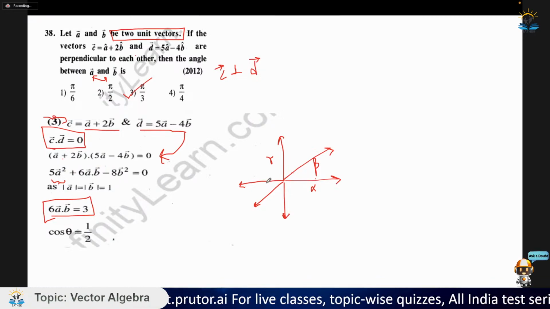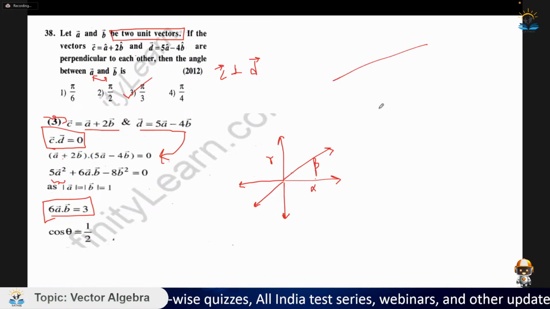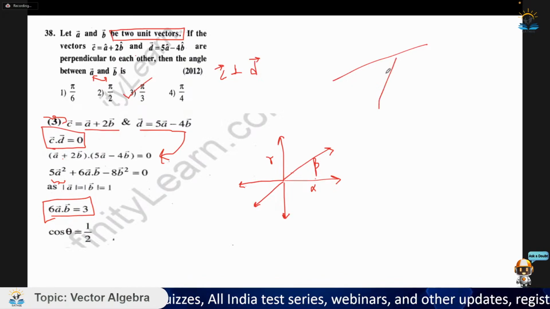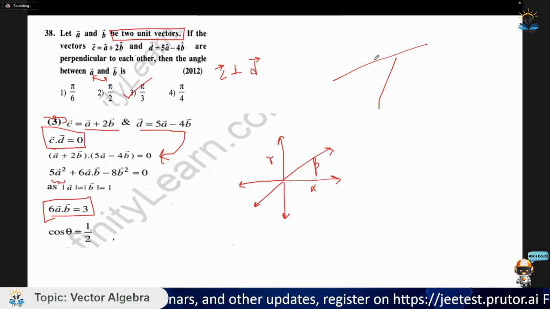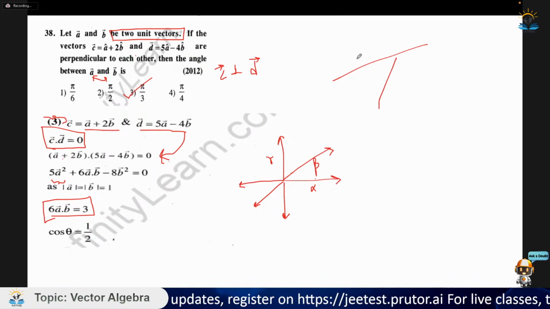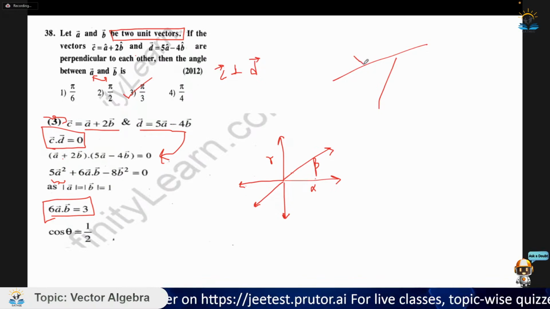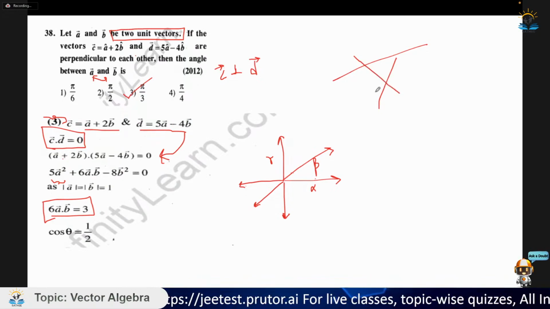Next, we have the concept of shortest distance between two lines. Let's say these are two lines which are not intersecting and not parallel, which means skew lines. You just need to remember this concept: the shortest distance between the lines is along their common perpendicular.